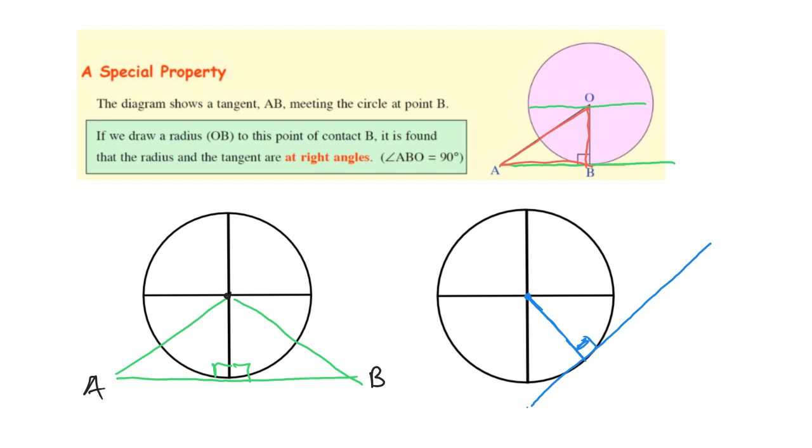It doesn't need to be something that is straight up and down like we've got on the screen. Okay, so again, if I was to take a tangent in the orange and join it with a radius, they would meet at right angles. And it's that condition that's going to dictate the next part. And obviously, naturally, we will move on to creating right angle triangles, and that leads to us using Pythagoras.